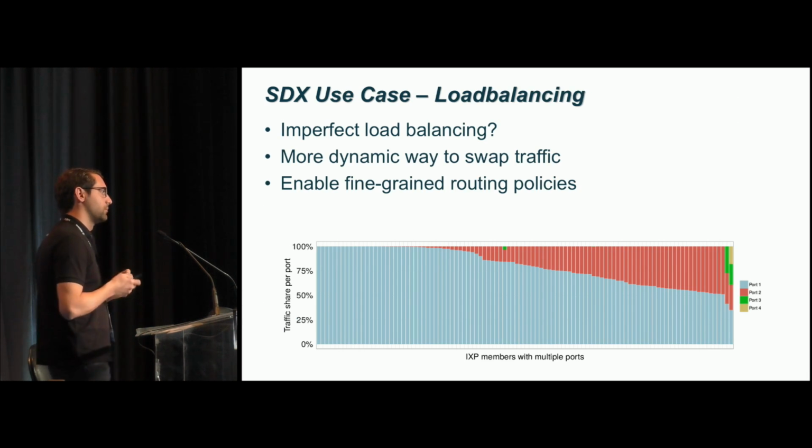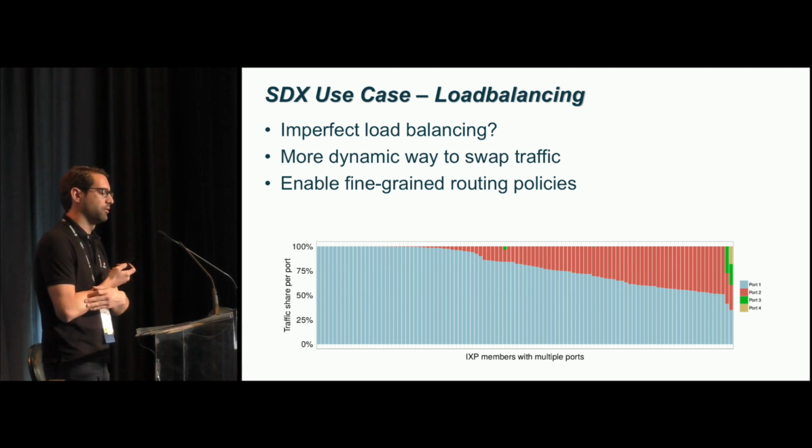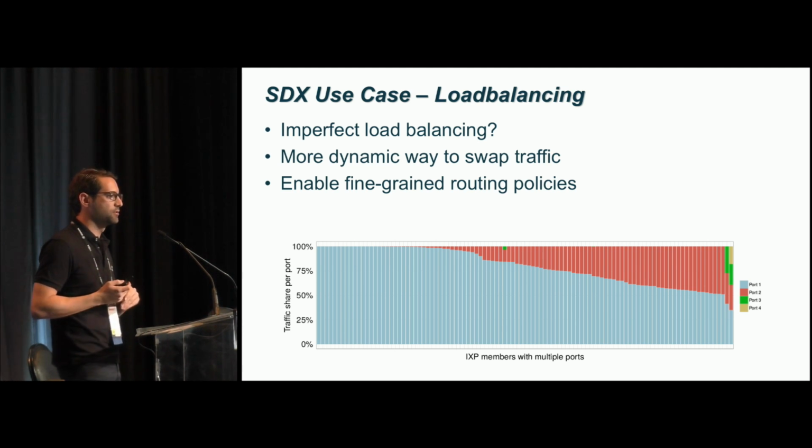Now I'm going to talk a bit about the use cases we have. There is the SDX use case of load balancing, which I mentioned a bit earlier. Here on the plot we see on the x-axis all IXP members with at least 2 ports, and on the y-axis the share of traffic per port.